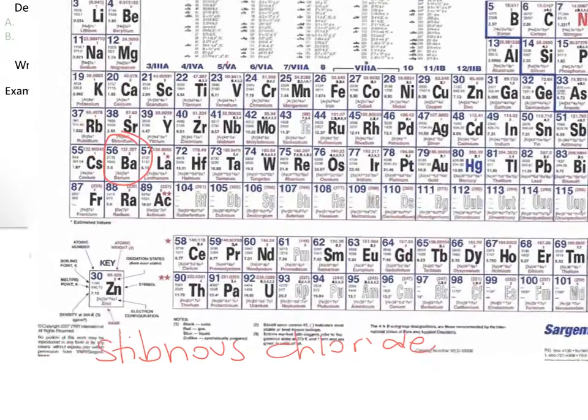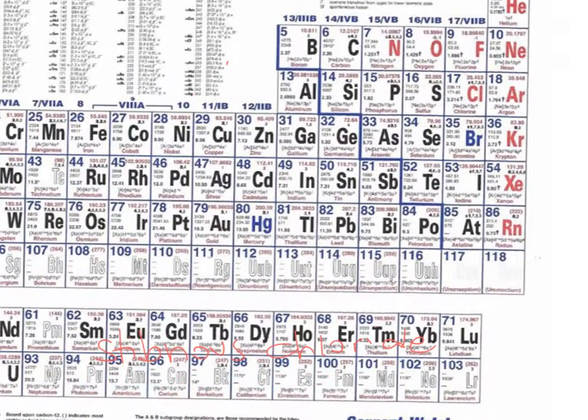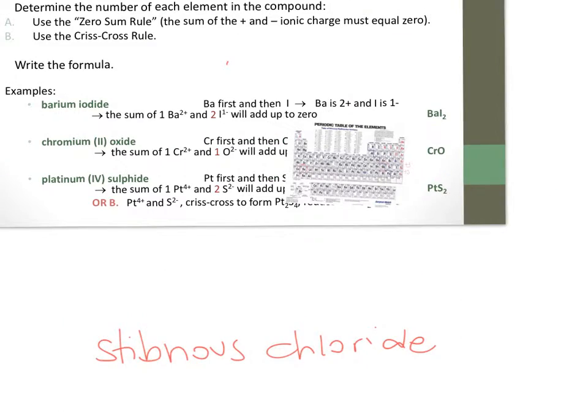Taking a look at the periodic table, you realize that stibnous is actually antimony, and there's 2 possible ionic charges. I know this is a little blurry, but you'll see on your own that the 2 possible charges are +3 and +5. So, because it's the -ous ending, we know it's the lower number. And the lower number for the ionic charge was +3.